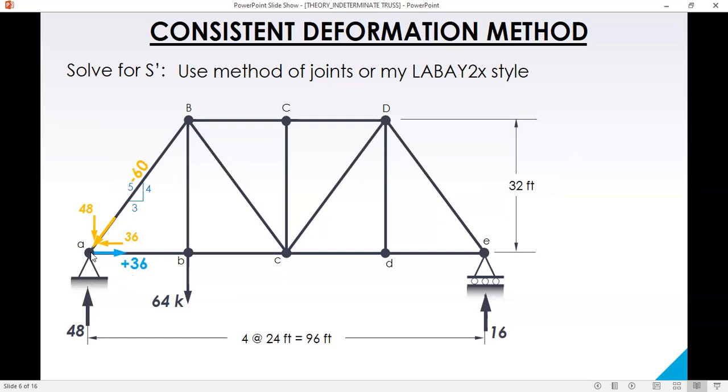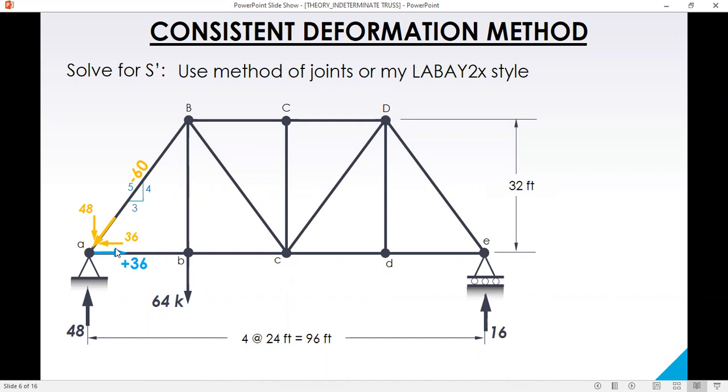So therefore, the force of member EB for this bottom chord is tensile, positive 36. Okay, so we can say that joint A also is already in equilibrium, since the horizontal forces is equal to 0, as well as the vertical forces.